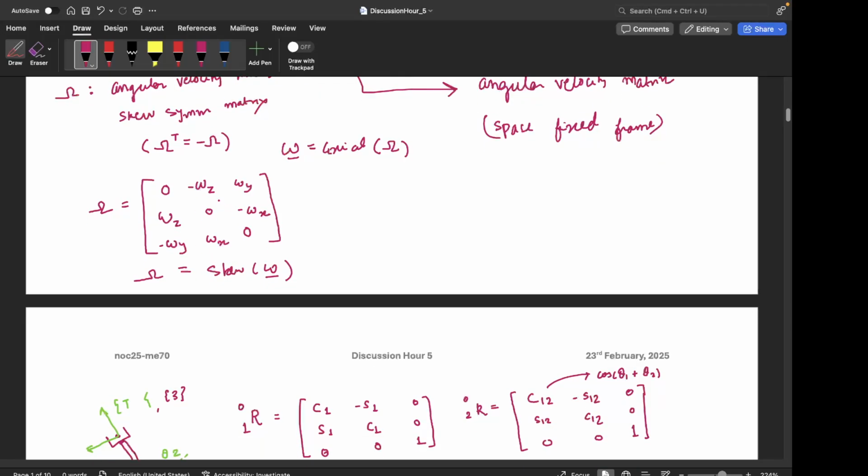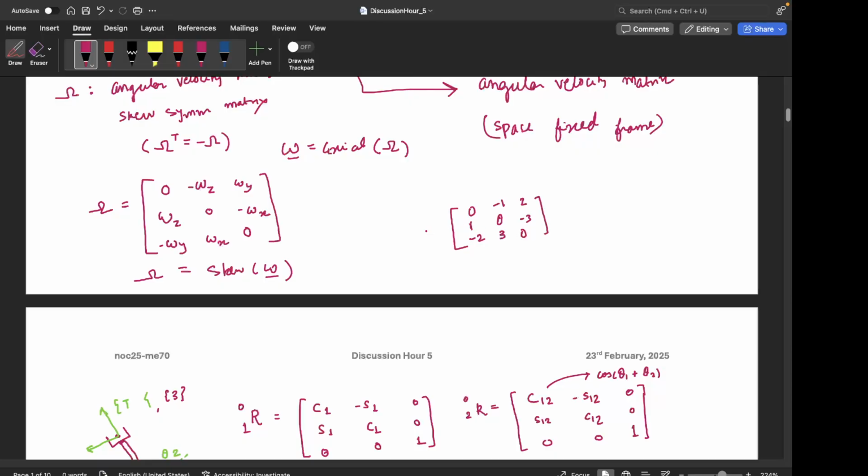And if I give you this matrix and I ask what's the angular velocity of this body, what I mean is that you give me these 3 values, omega x, omega y and omega z, in terms of a 3x1 vector. So let's say the matrix is 0, -1, 2, 1, 0, -3, -2, 3, 0.